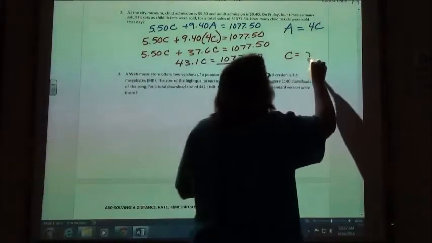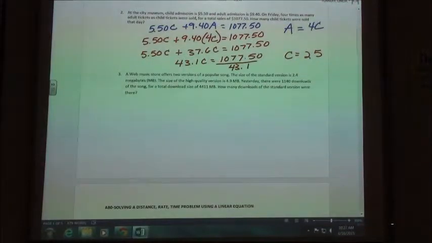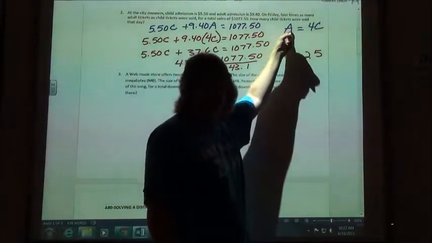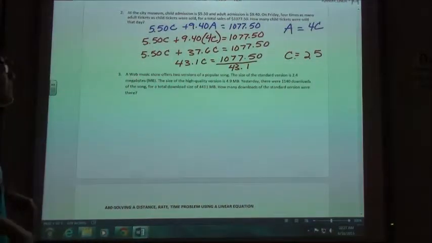C is 25 then. Now it just asks for the child's tickets, not the adult ones, but do pay attention because on occasion they'll ask how many adult tickets were sold and you've solved for children's tickets, and of course you would have to multiply by 4 then.